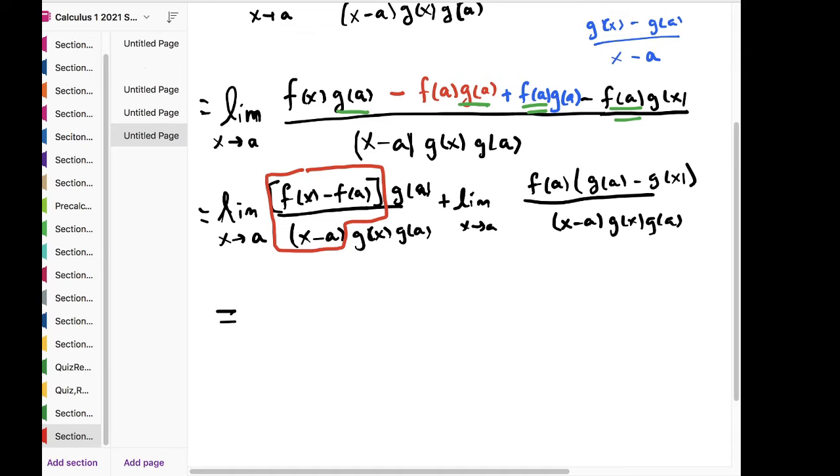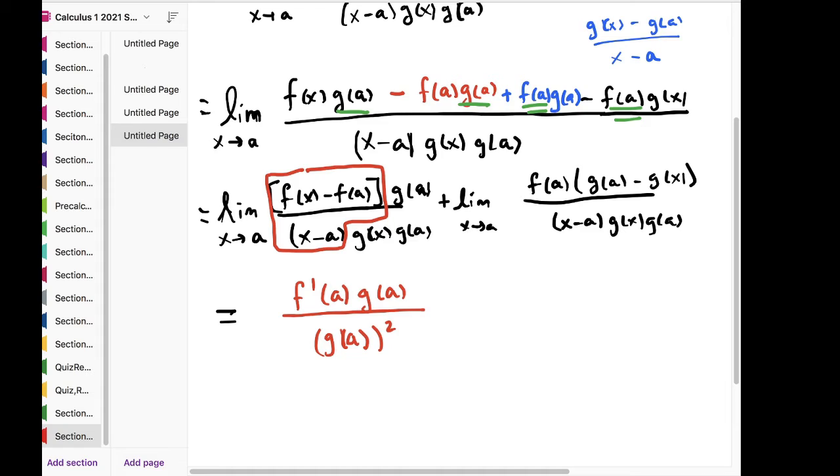F prime of a, g of a, and the denominator is g of a squared. And I'm going to leave it as g of a squared for now.